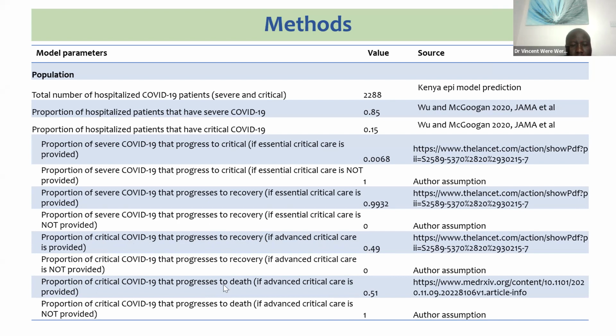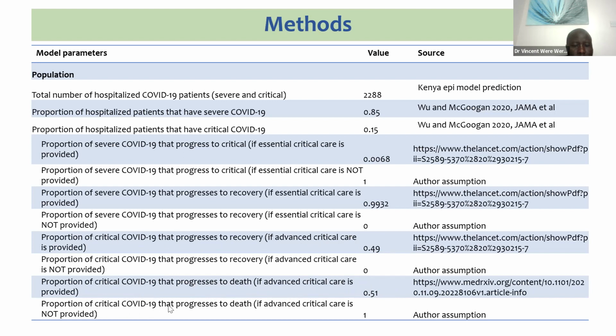This one we got from a study, and that means that 51% of patients will progress to death. So we'll still have 51% of patients dying, even if you provide them with critical care, because we assumed that only 49% of patients will recover if they are in the ICU.